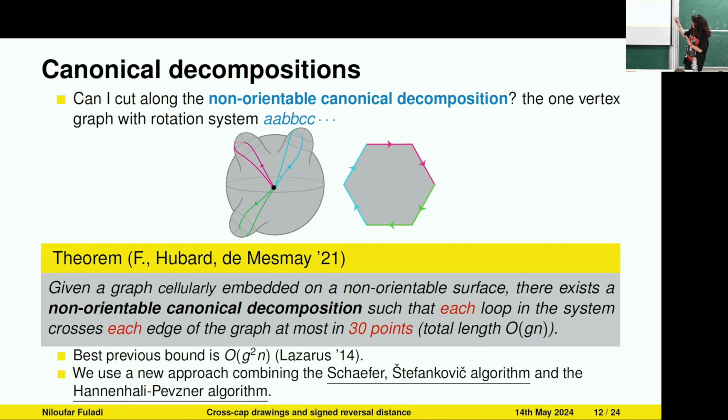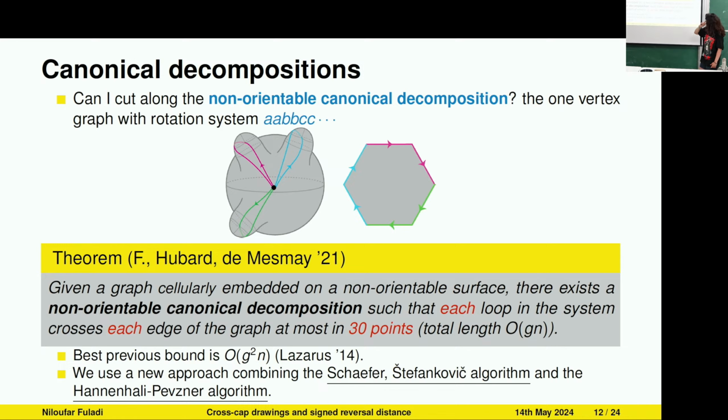So this is a matching bound with the previous one. The best known bound before this was order of g squared n, which used the same approach as the orientable case, the cut-and-paste algorithm of the classification theorem. But for non-orientable surfaces, it gave an overbound of g squared.